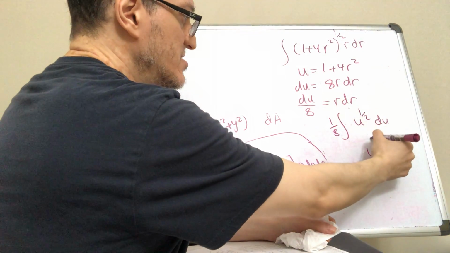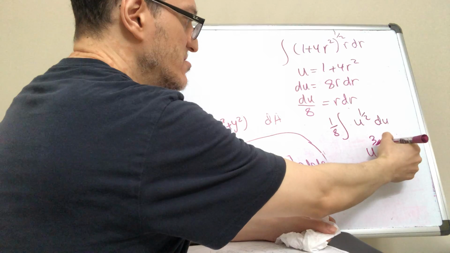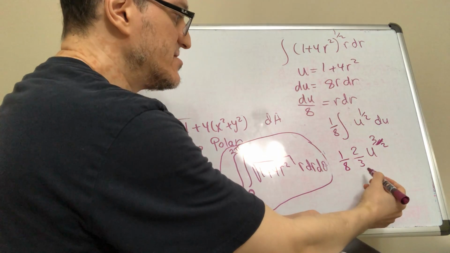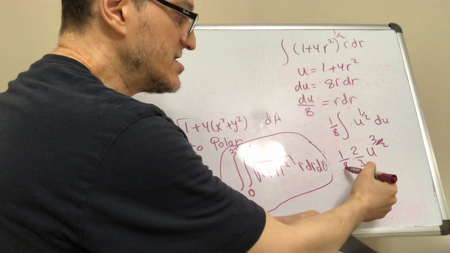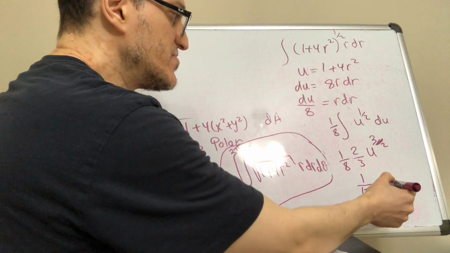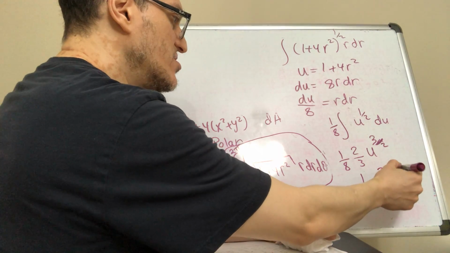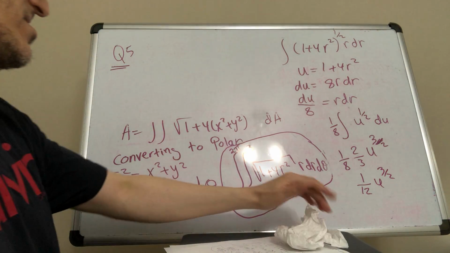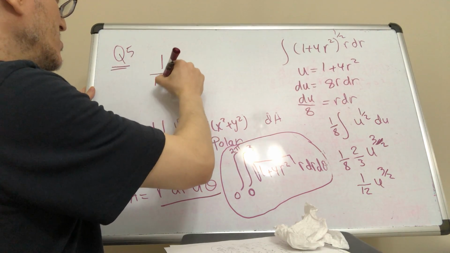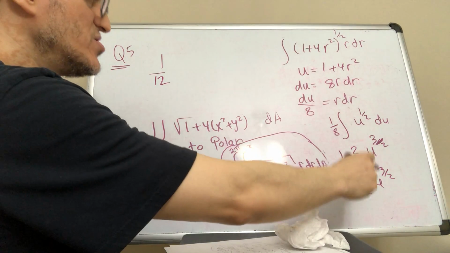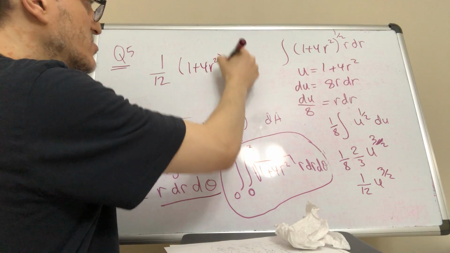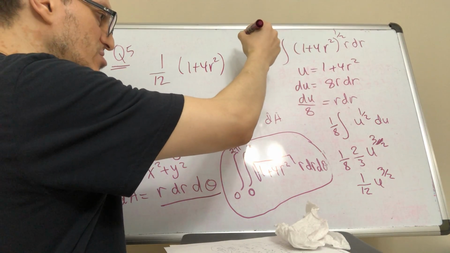This would be 2/3 times 1 over 8. 2 and 8 becomes 4 in the bottom, so it's 1 over 12 u to the 3 over 2. So the answer is 1 over 12 times 1 plus 4r squared to the 3 over 2.